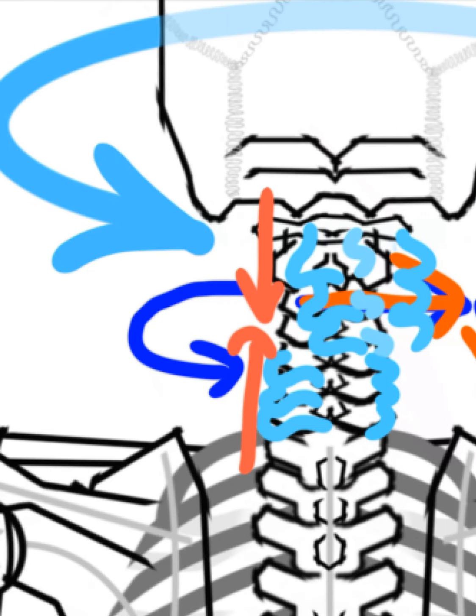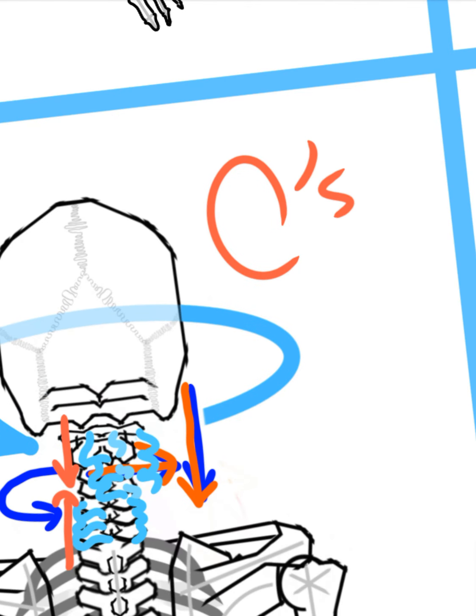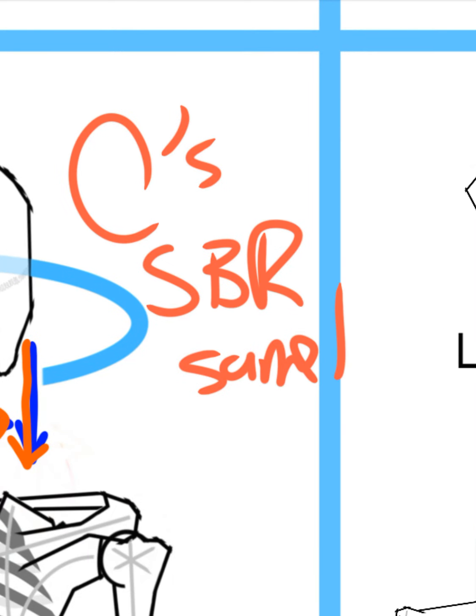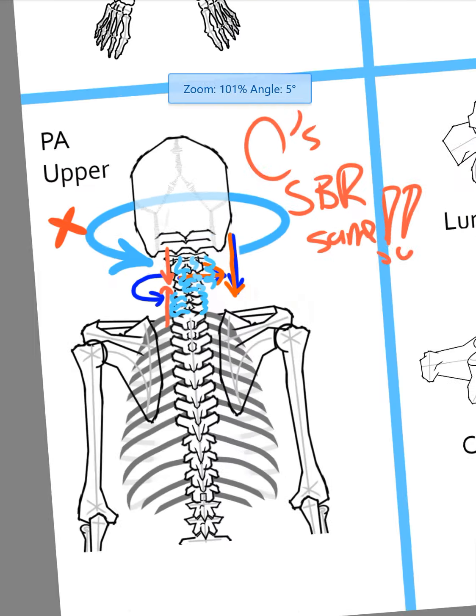Here we see same coupling because of the unique functions of the cervical spine. And so that is how that works. That's why we say in the cervical spine, in the C's, it side bends and rotates to the same side. Exclamation point. You try memorizing that. Seriously, try memorizing that. It's very useful.